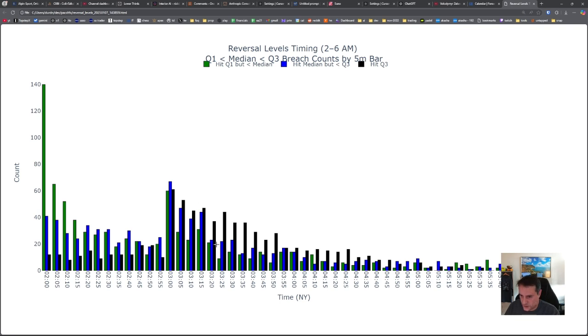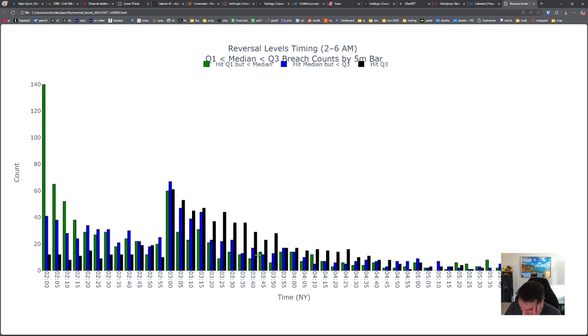But if you go past 325, actually up past 330, then the probability that we reverse from the Q3 is higher, much higher than the rest. And of course, it happens less. So a statistically relevant thing, I think, is if you are between 3 and 330, you can usually expect the reversal to hit the median, or Q3, or Q1 if it's a 3, otherwise the probability of Q1 drops.